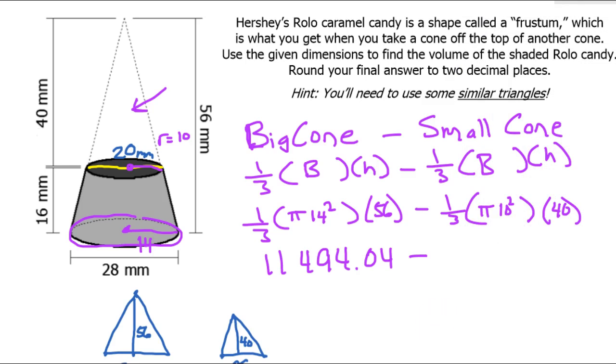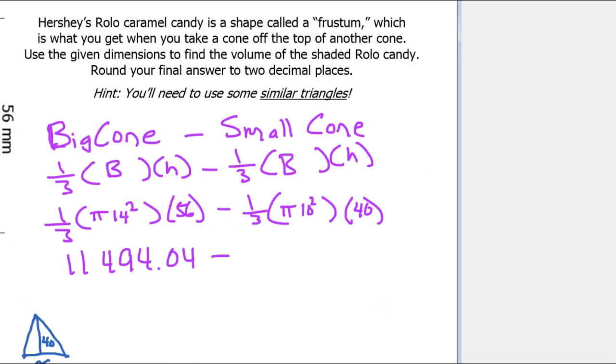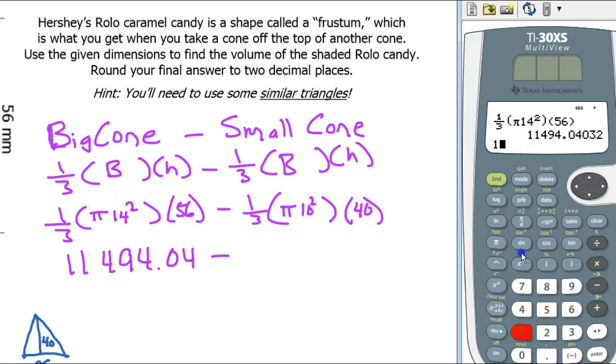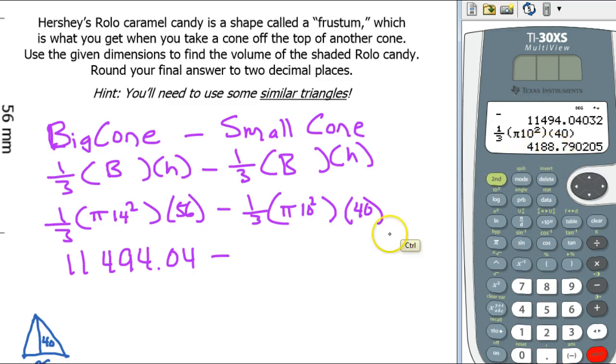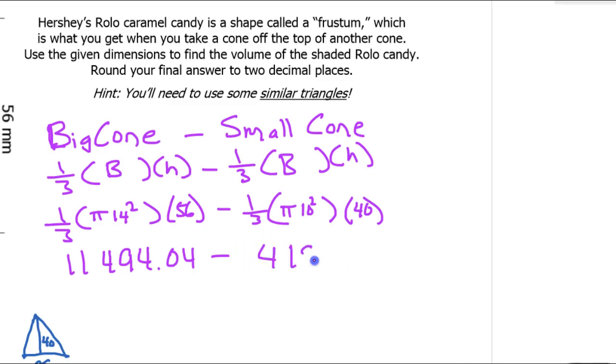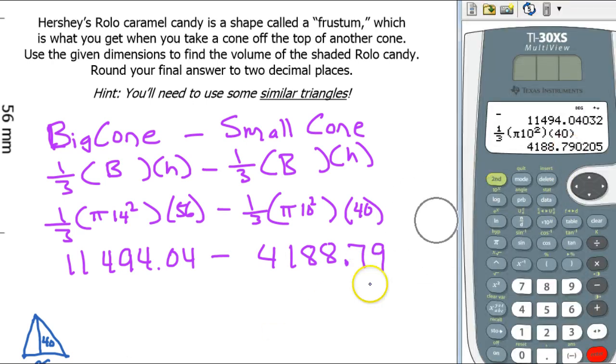And now on the other side, I've got 1/3 pi 10 squared times 40. So that's 4,188. Was that 0.79? Is that what I saw? Yes.